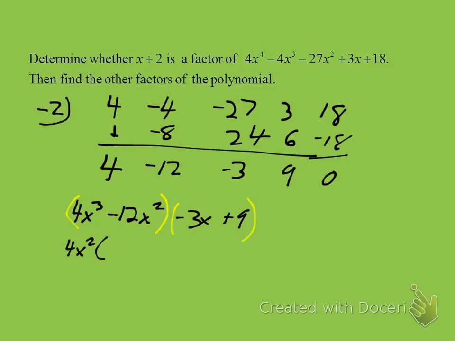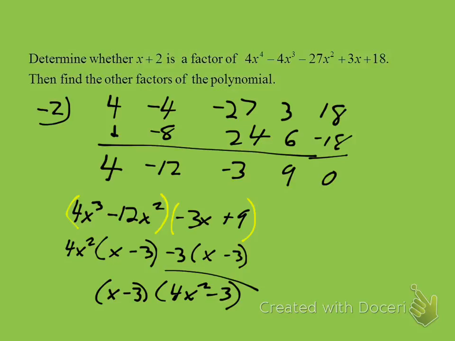Okay, which leaves you with what? X minus 3. You need that second group to be an x minus 3, so what do you factor out of there? A negative 3, good. X minus 3. You write the x minus 3's together. Put your outsides together. 4x squared minus 3, and that's your answer.